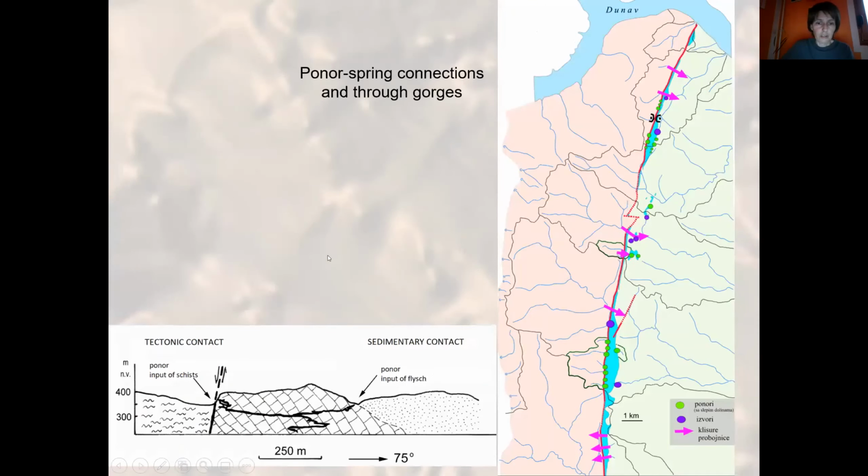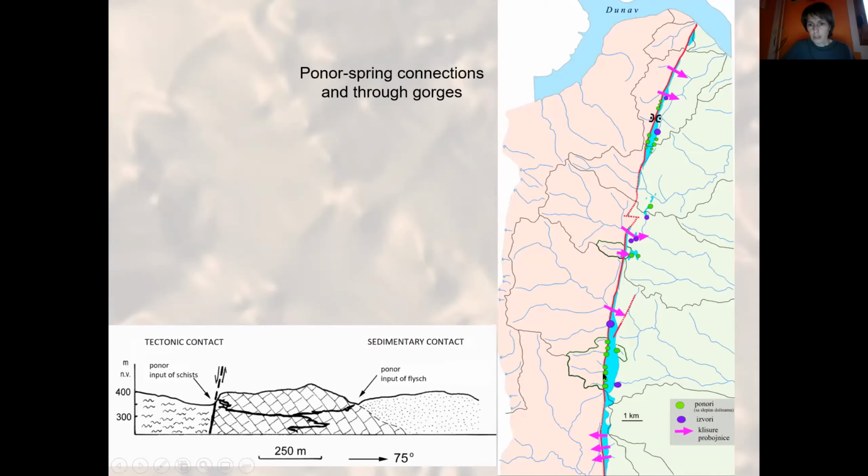So just to see where we are in the tectonic sense. The whole western contact is tectonic contact, and there is a large input of schists to all the caves. While on the eastern contact there are not so many caves, and you can see this on this overview map.